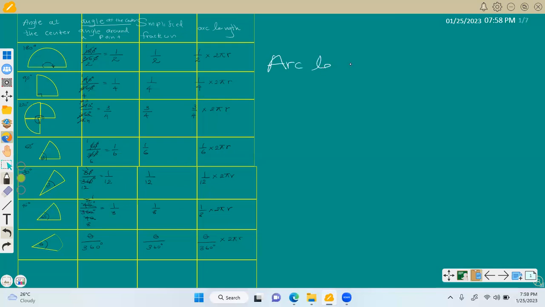Arc length is equal to angle at the center upon 360 degrees multiplied by the circumference of a circle.